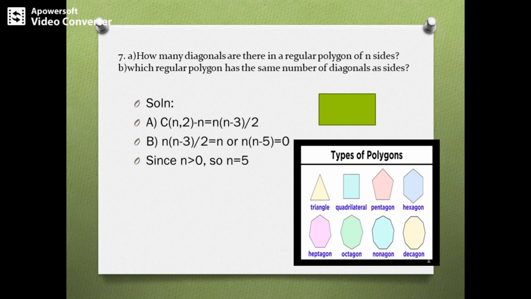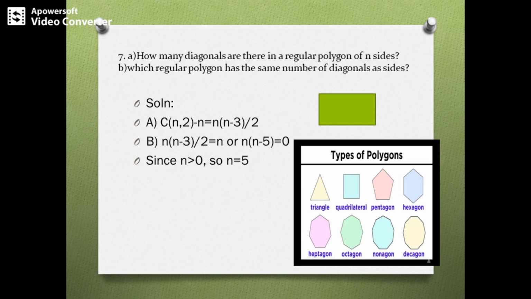So C of 4 comma 2 is 6, minus 4 is 2. So C of n comma 2 minus n refers to the number of diagonals only. Here we found the total number of sides including the diagonals as C of n comma 2, and we subtracted the number of vertices, which is denoted by n. So we get only the number of diagonals.